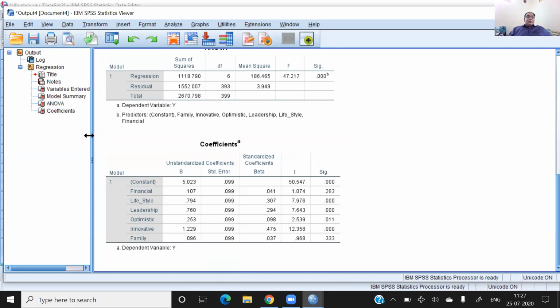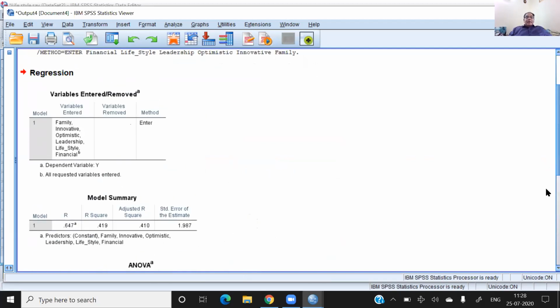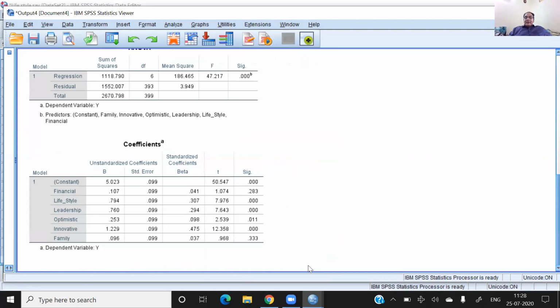From this result, I am asking you something to see whether you can answer it. My first question is: which variable has a significant effect on y, and which variable does not have a significant effect on y? Which variable is influencing y significantly and which is not? Just see and give me the answer.